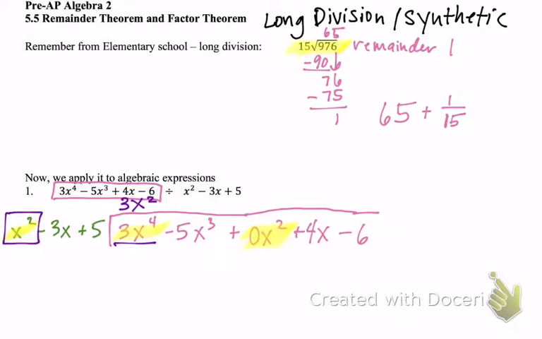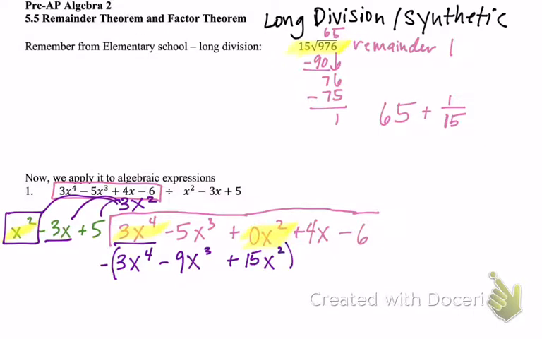So when I take 3x squared times x squared, I end up getting 3x to the 4th, and then I multiply it by the second term. I'm going to put this in parentheses. So 3x squared times negative 3x gives me a negative 9x cubed, and then 3x squared times a positive 5 gives me plus 15x squared.